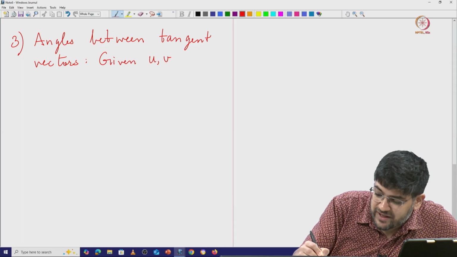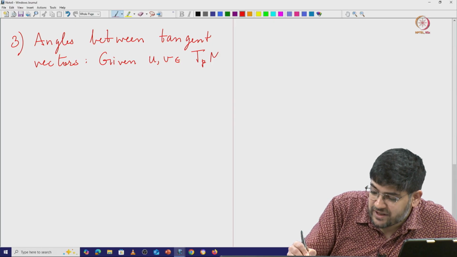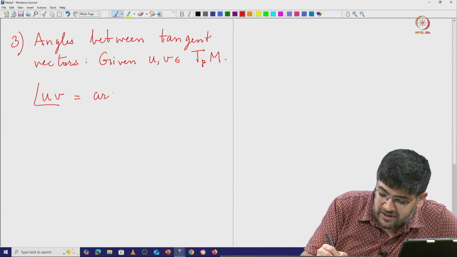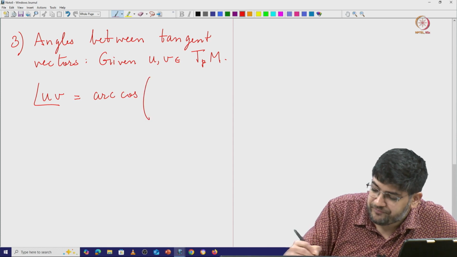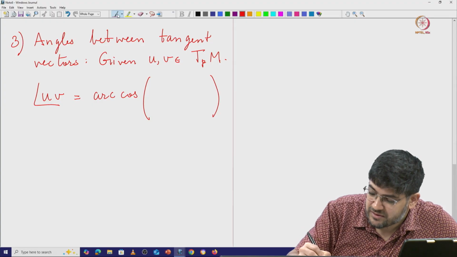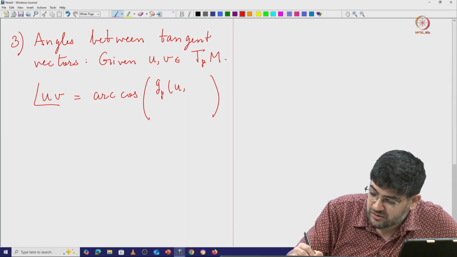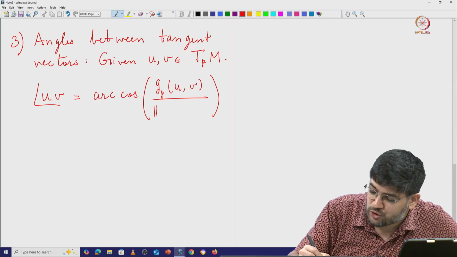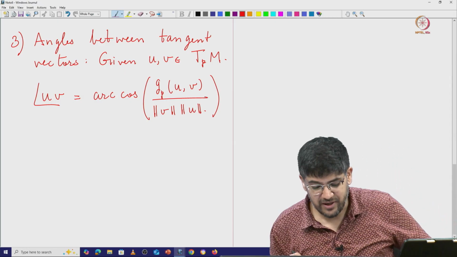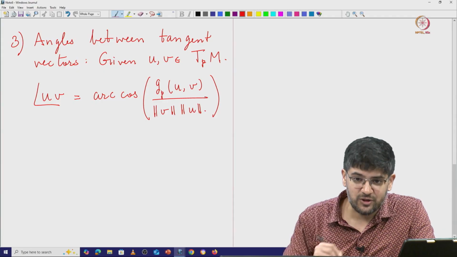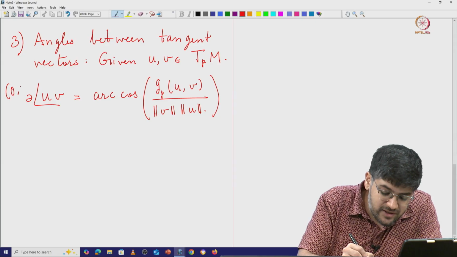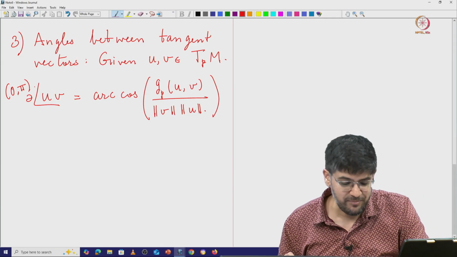Given, let's say, u and v in the tangent space at a point p, you define the angle between u and v to be simply the arc cosine of the inner product of these two divided by the product of the norms of these two. Okay. So that's defined to be the angle, and by definition arc cos takes values between 0 and pi.